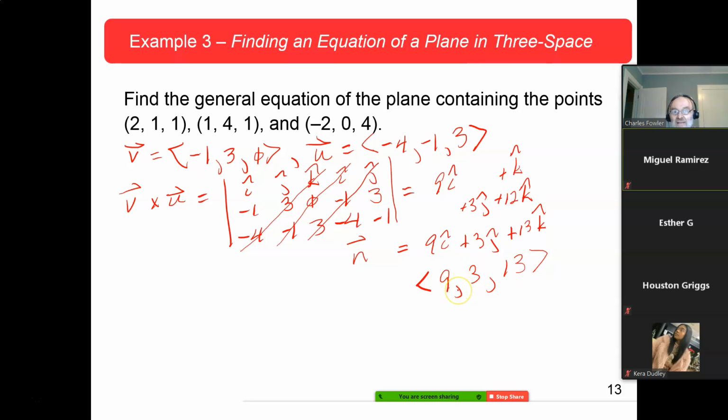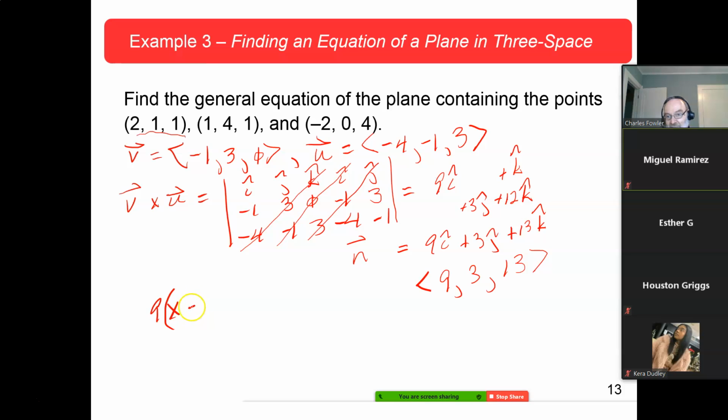Now, the general equation containing those points would be, remember, 9x, well, actually I'm going to write this as 9 times x minus 2. It doesn't matter which one you choose. Why don't we choose this point here, 2, 1, 1.